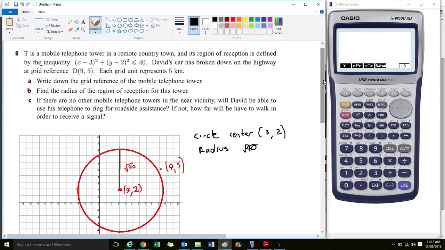Okay, so there's two parts to this. Firstly, we know that the telephone tower gives reception to those within... sorry, not 40 grid units, because r² is equal to 40, which means r is equal to the square root of 40, which is about 6.3.